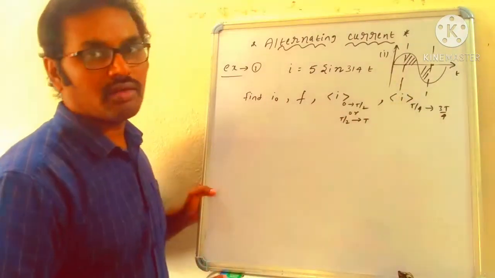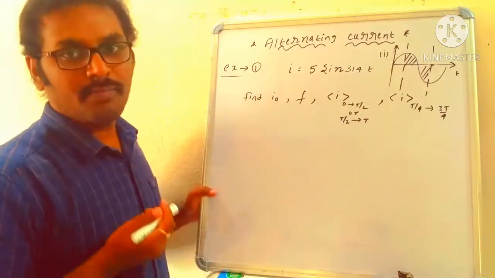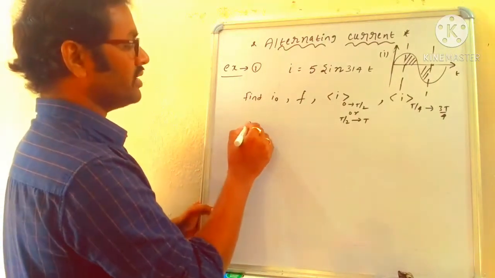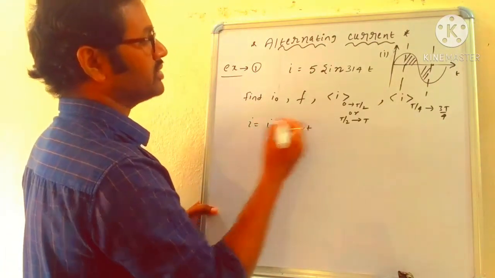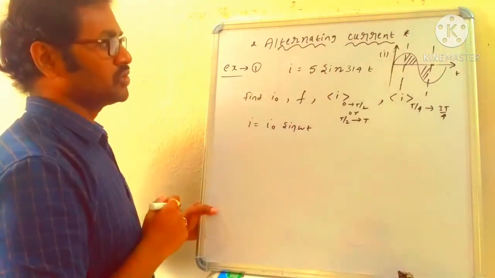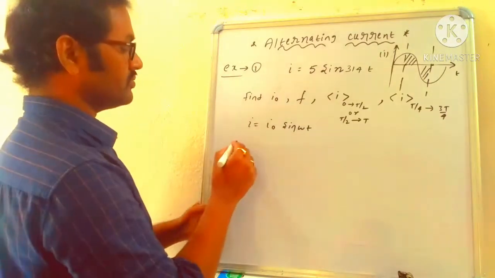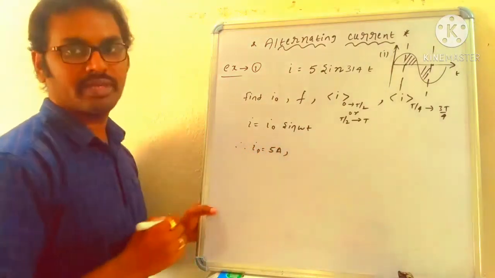Initially we need to find the peak value. Let us compare this equation with the standard equation, I is equal to I naught sine omega t. By comparing these two, we can directly write the peak value of the current as 5. So I naught is equal to 5 ampere.